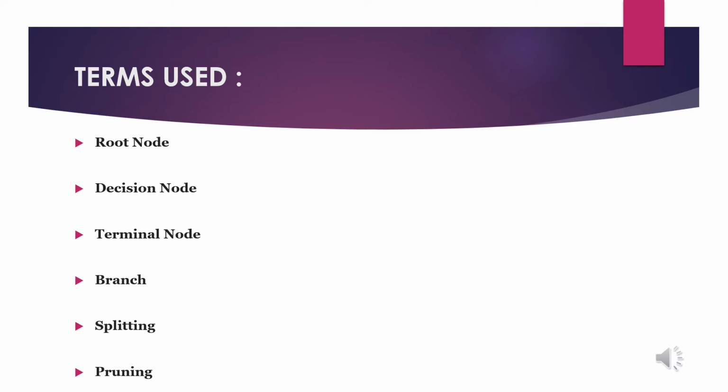The options go on getting bigger as the decision tree continues. And the exact reverse of splitting is called pruning, where the decision maker needs to eliminate more than one subnode from a particular decision node. These are the terms that are frequently used with decision making.